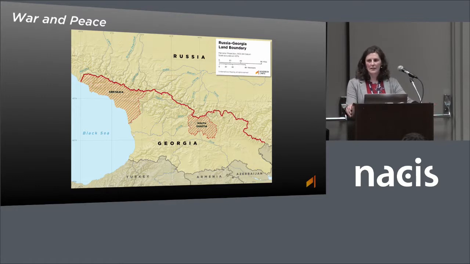This is Abkhazia and South Ossetia. They are exclaves out of Georgia along the border with Russia. And then Russia also supports Donetsk and Luhansk in Ukraine, Transnistria in Moldova, and they've also been known to host pro-separatist conferences, attracting attendees from wannabe nation states all over the world.